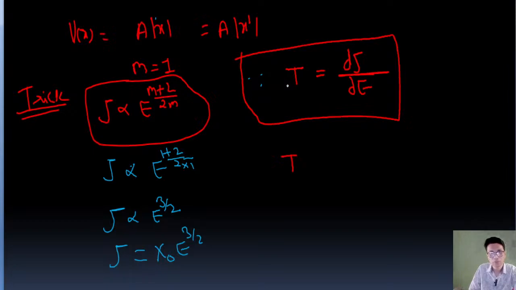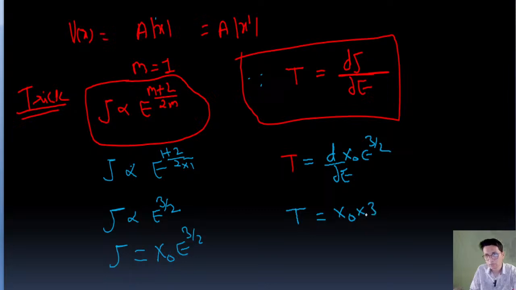Value of T is going to be del J upon del E. J value is x naught E to the power 3 by 2. So from here T is going to be equal to x naught into 3 by 2 E to the power (3 by 2 minus 1), that is 3 by 2 minus 1 by 2.